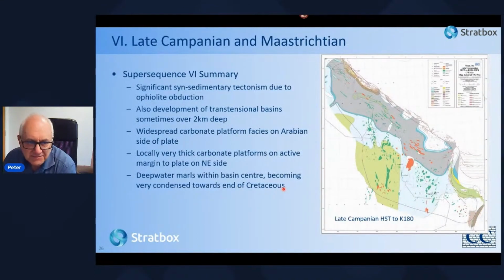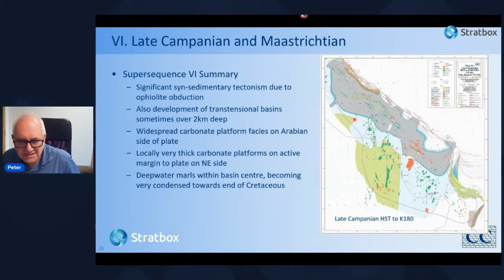This is a summary of supersequence 6, late Campanian to Maastrichtian age. We see evidence of significant syn-sedimentary tectonism due to the onset of ophiolite obduction at various points along the plate margin, and also the development of very deep, probably transtensional basins.